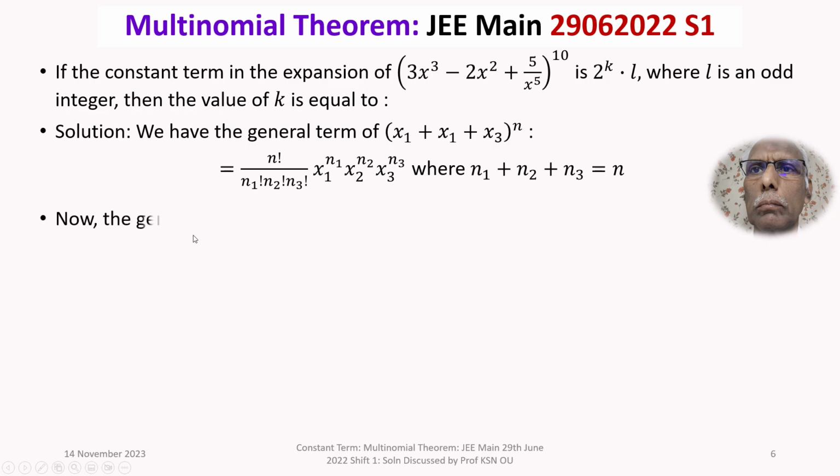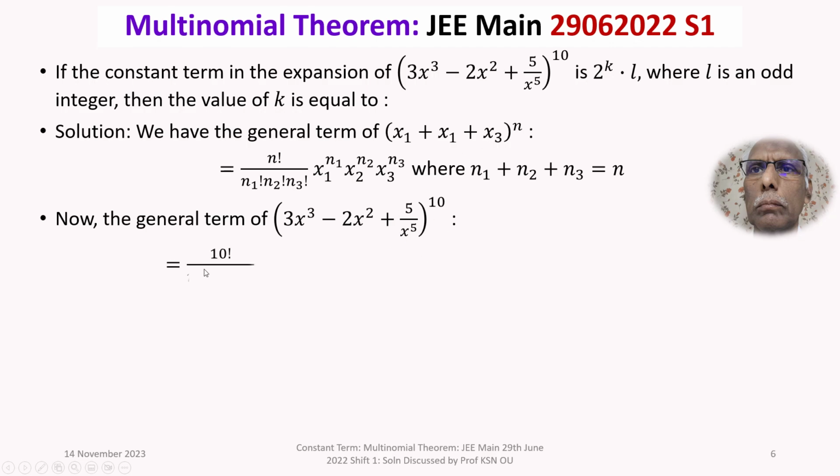Now, the general term in the multinomial expansion (3x^3 - 2x^2 + 5/x^5)^10. So n is 10 here, x1 is 3x^3, x2 is minus 2x^2, and x3 is 5/x^5.